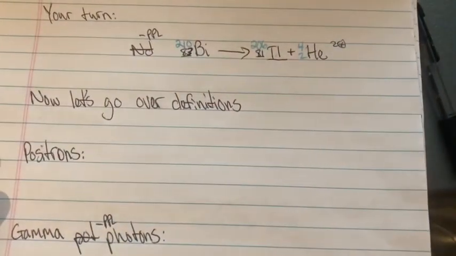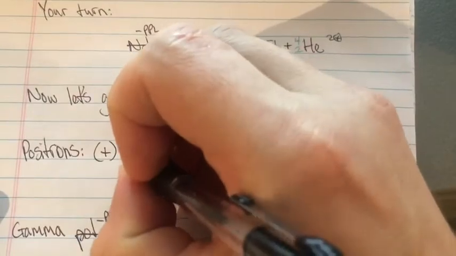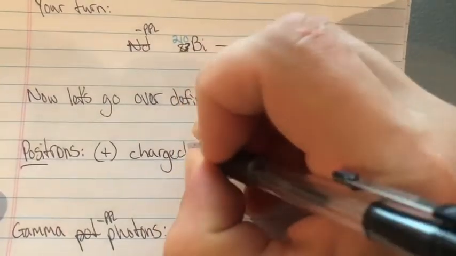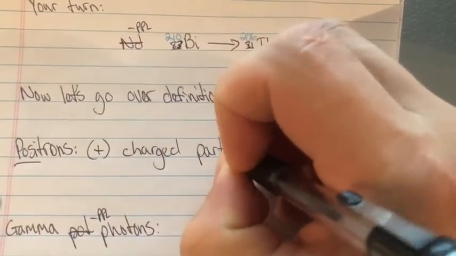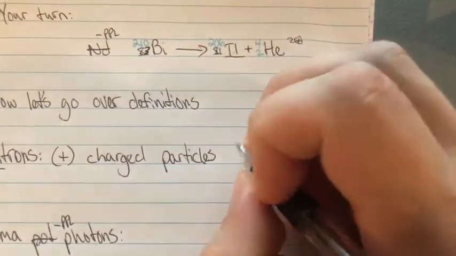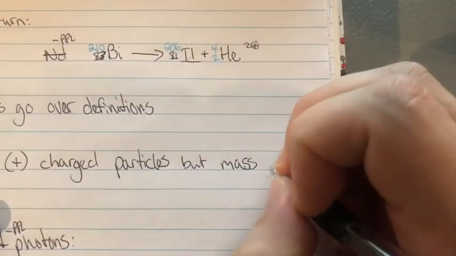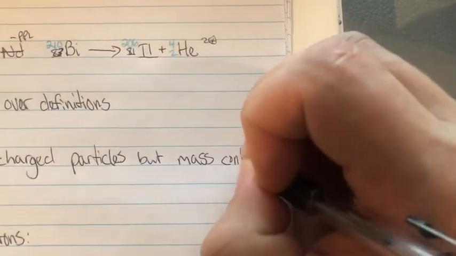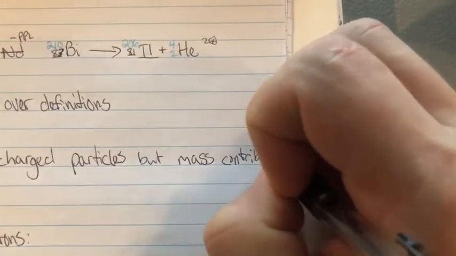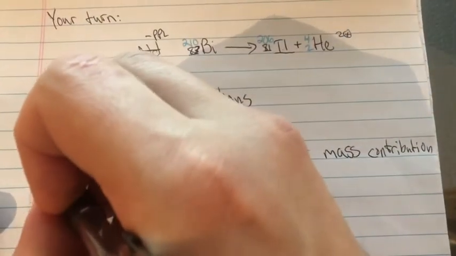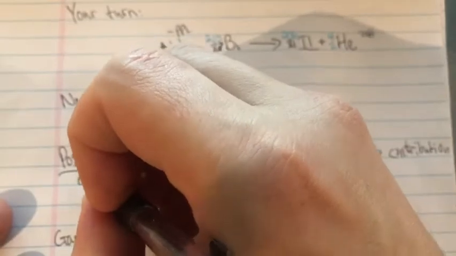Positrons are particles that have a positive charge, so positively charged, but with the mass contribution of an electron.